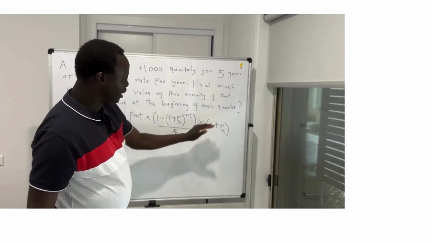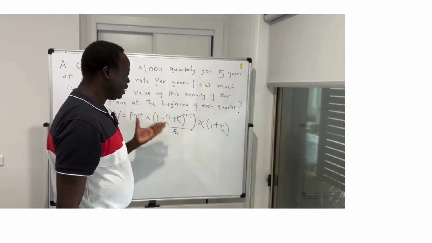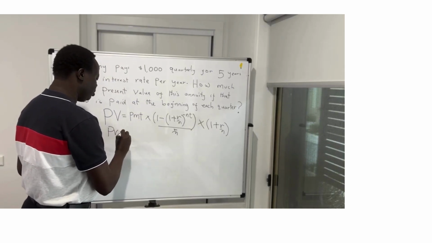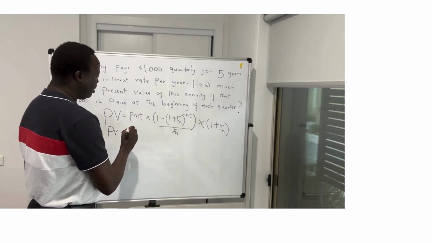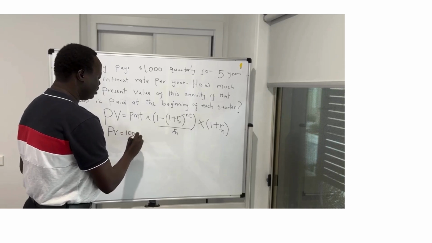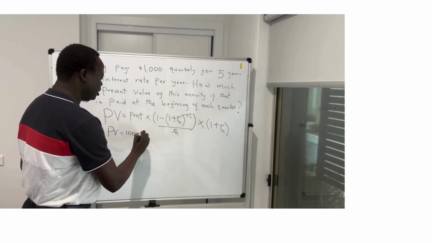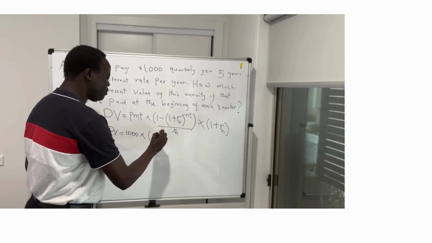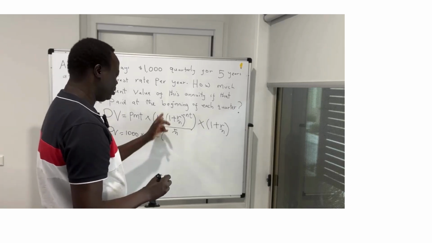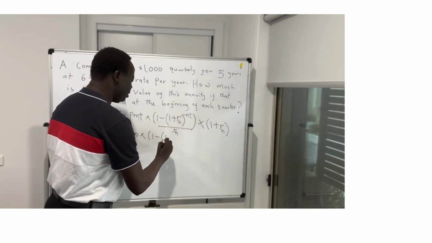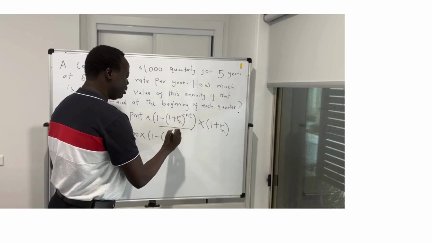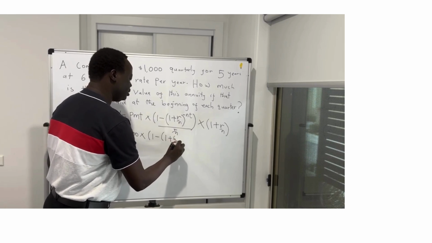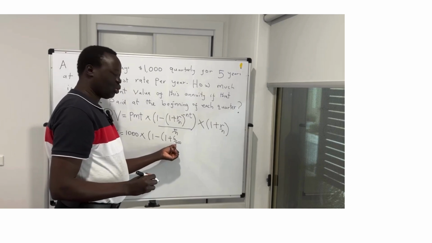Once you have the formula like this, substitute in all the values given in the question. So this is present value again, which is what the question is asking you to find. And this is $1,000, the regular payment, times 1 minus another open parenthesis 1 plus R, which in this case is 6 over 400, and this 4 is quarterly.